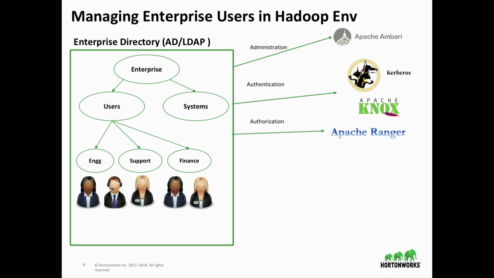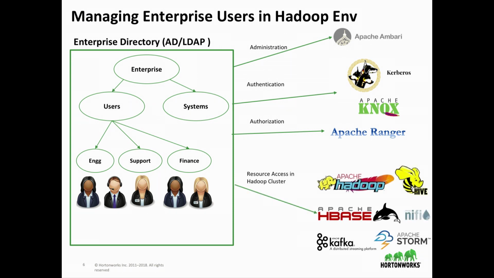For administering resource access policies, you integrate Ranger with the enterprise directory. And we have a bunch of services in the Hadoop ecosystem, and all these enterprise users need access to these services. You manage all these through the authentication and authorization technologies that I'm going to touch upon.